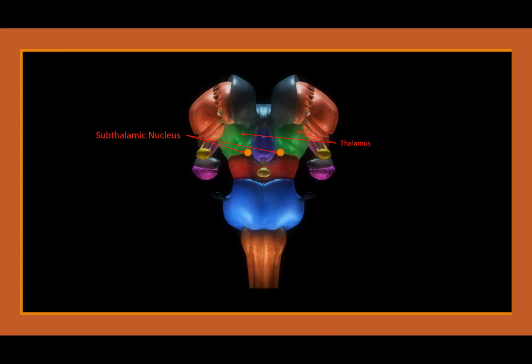And then the last piece that you should see is the substantia nigra. As you can see, it's in the midbrain. So that's where these are all located in space, related to one another.